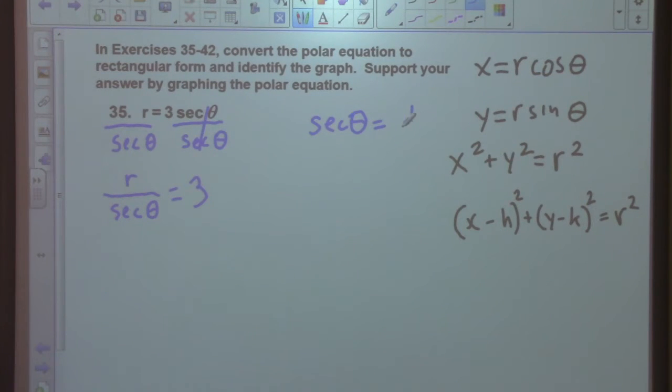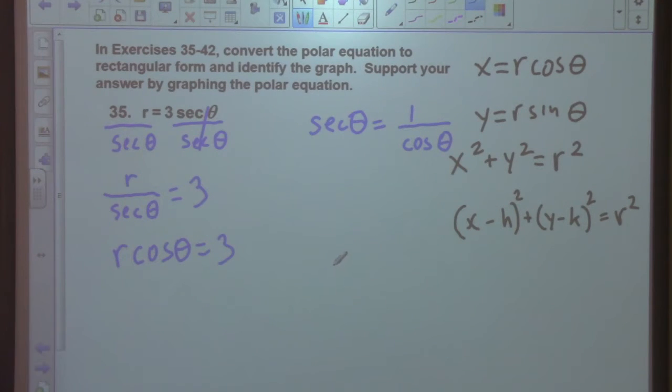Well, it's 1 over cosine. Yeah, that's what it is. And so this can be rewritten therefore as r cosine theta is equal to 3. Okay, do you follow that?